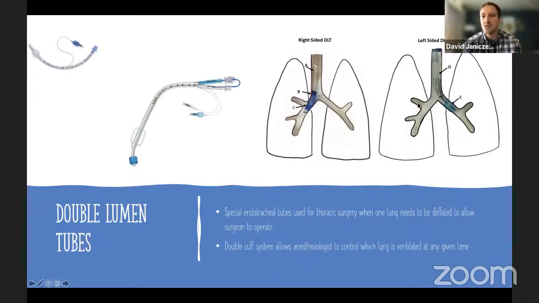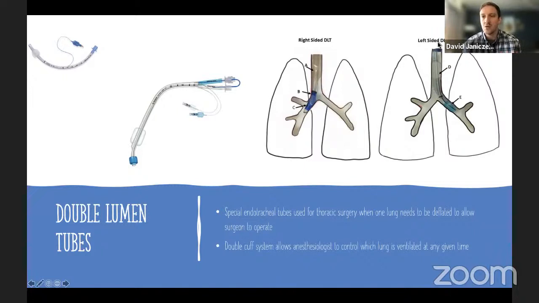What this does is this allows us to isolate one lung and only ventilate that one. So most of the time we use a left-sided double lumen tube. As you can see, the left refers to which side the curve goes. And so this is a curved tube. Then there's a balloon here, and then there's a balloon here in the trachea.